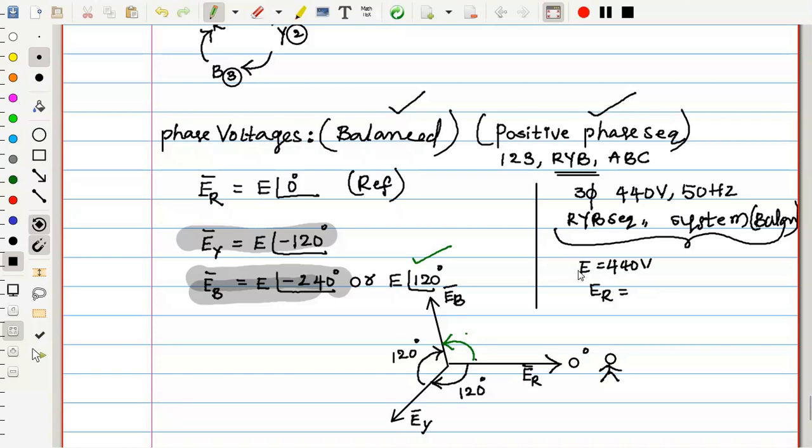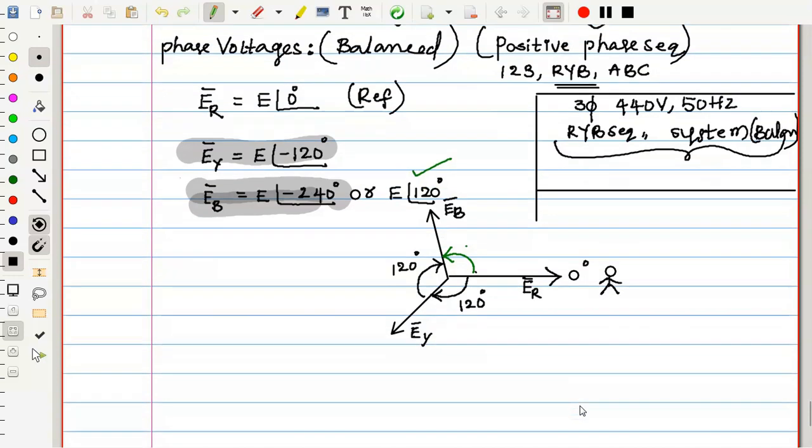And one more thing I want to point out, or just let me stop over here. Because I want to introduce a little bit more. But generally in problems, or even in real time, people will show this kind of notation to describe the system: three phase 440 volts 50 hertz RYB sequence, balanced or unbalanced.